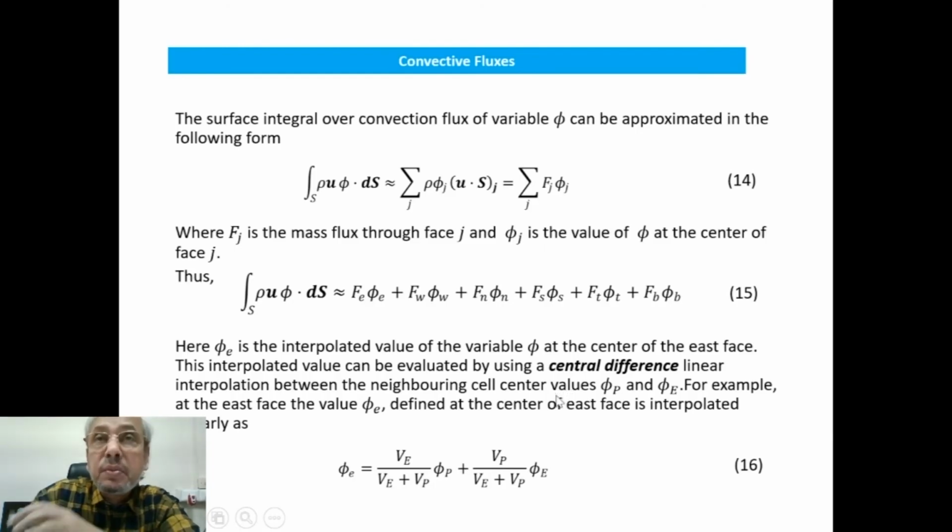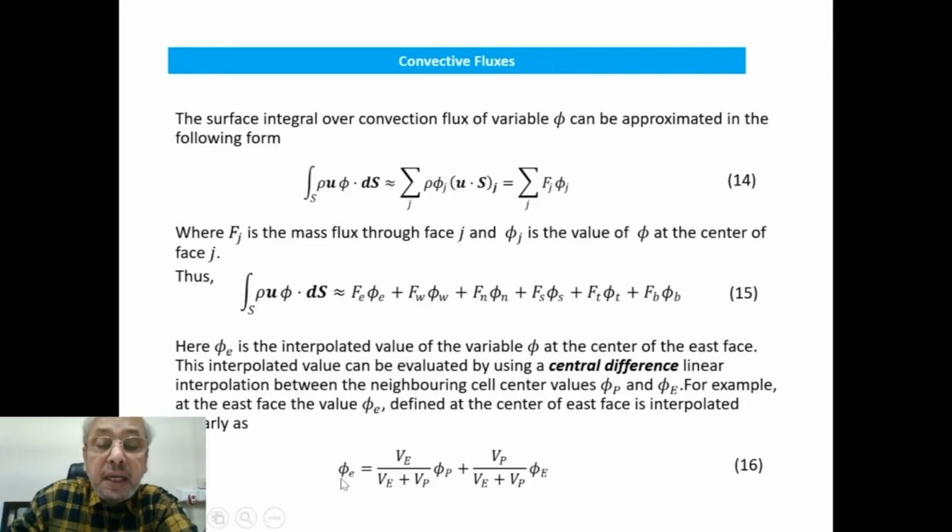The cell of interest we have already defined is P, with phi P at its center, and the eastern neighbor has phi E at its center. So phi e at the east face is interpolated using the values of phi defined at cell P and cell E, the eastern neighbor.